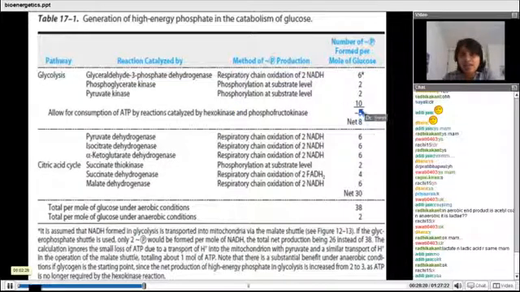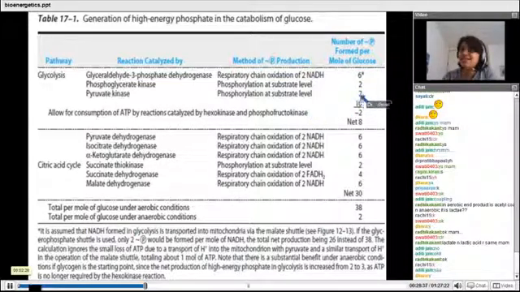And we used up 2 here. Now look at this glyceraldehyde 3-phosphate. Here we got NADH, which is giving us 6 ATPs. So if we don't consider our using up, we are forming 10 ATPs, but we use up 2, so net 8.